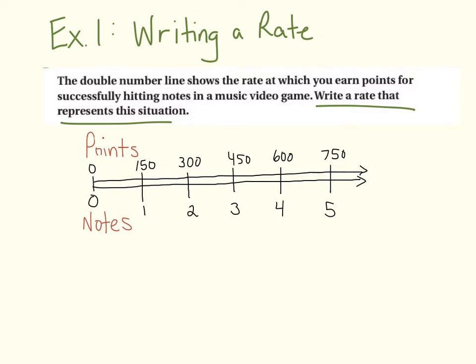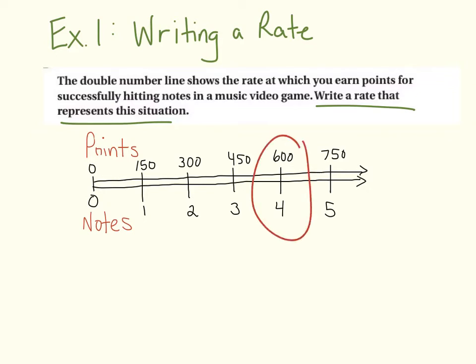So if you hit 0 notes, then that means you earn 0 points. And then you can move along the double number line and just interpret it. If you hit 1 note, then you earn 150 points. If you hit 2 notes, you earn 300 points, and so on down the line. So when it says write a rate that represents this situation, we can technically pick any relationship on this double number line, and we're just going to pick this one right here.